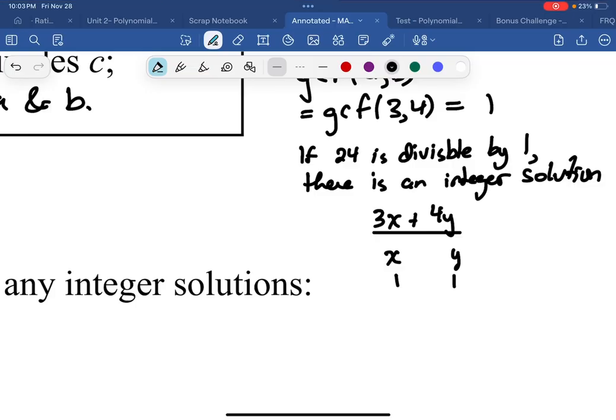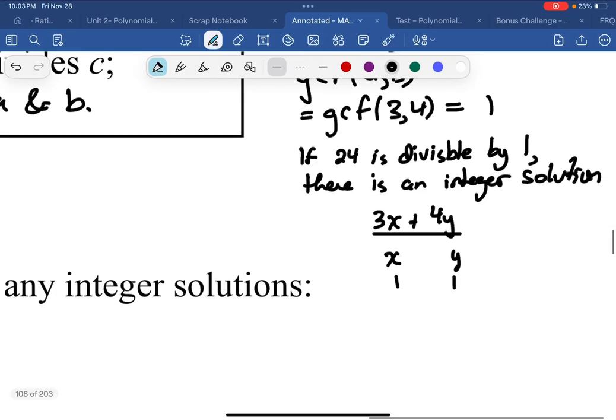But if you think about it, we need to get to a 24. So if I did 2 and 2, that would give me a 6 and an 8. That's not quite there. So 3 and 3, 4 and 4. You might kind of jump around based off of what makes sense to do. 3 and 3 will give me a 9 plus a 12, which is 21.